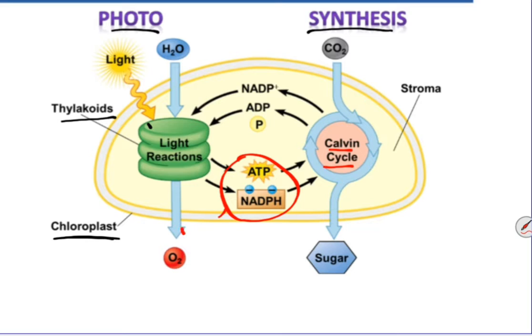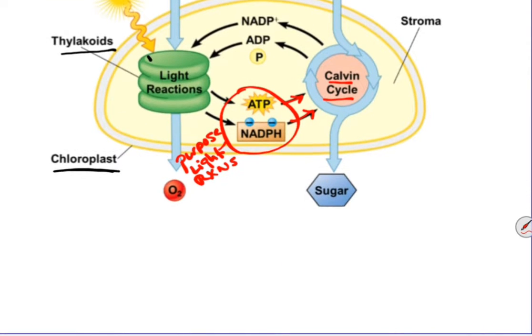This is actually the purpose of the light reactions, to make ATP and NADPH, which are energy carriers. And then those energy carriers are going to enter the Calvin cycle where they're used again to synthesize carbohydrates.